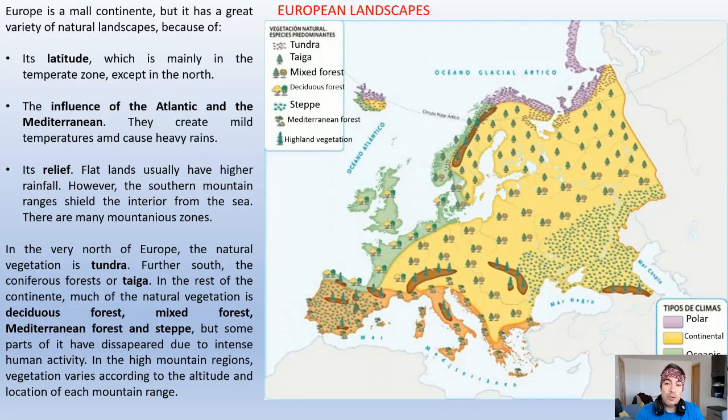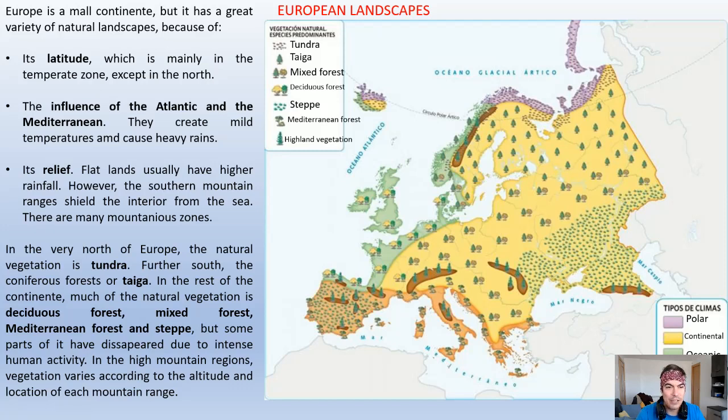And now we're going to take a fast look at the European landscapes and the Spanish landscapes. We will study them more deeply in the next units, but we have to know more or less how they are distributed. So Europe, which is a small, there's an S here. I always have typos in every presentation.